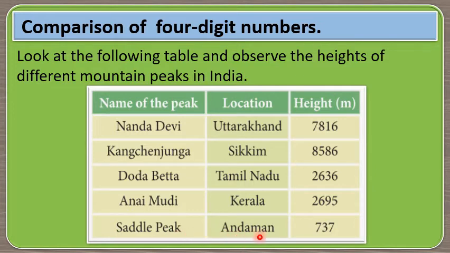Location is Andaman. Its height is 737 meters. So to compare 4-digit numbers, we will discuss 3 examples. In all the 3 examples, we will refer this table.